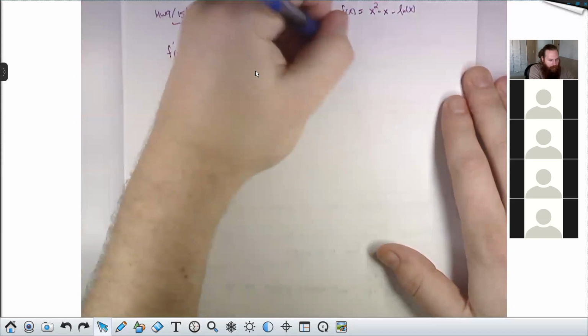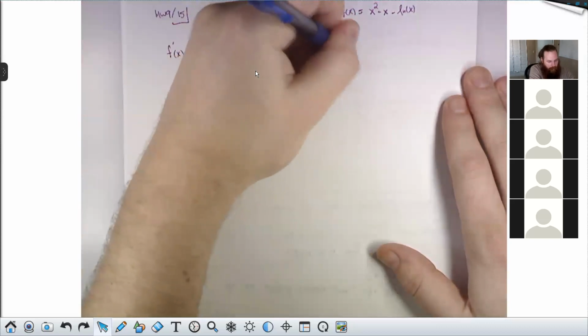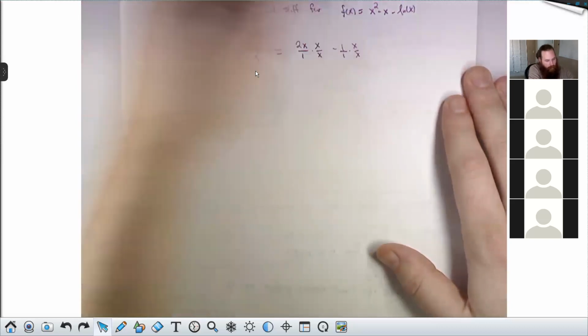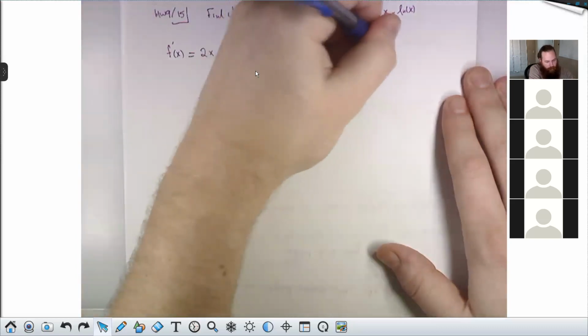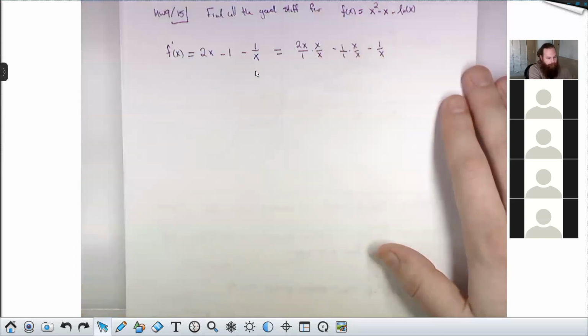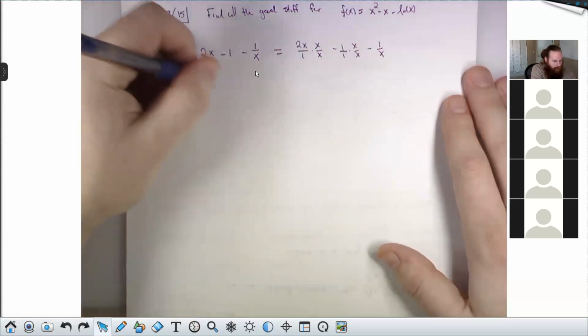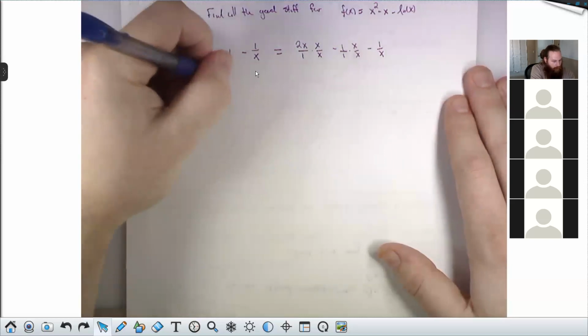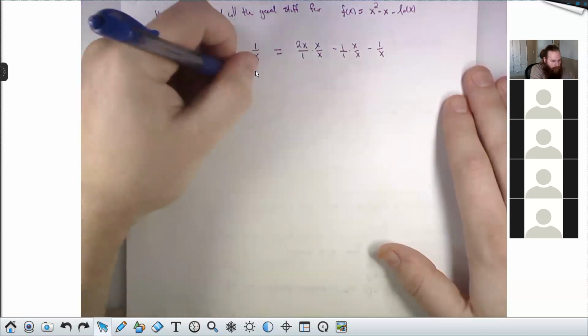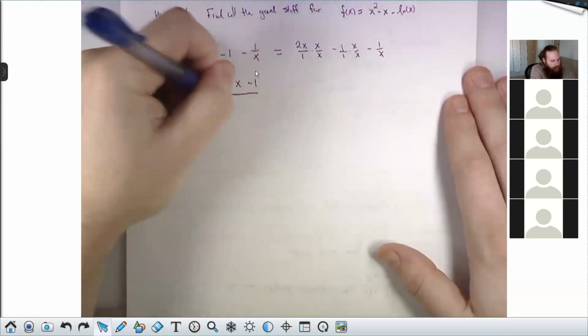And this piece already is 1 over x, so it doesn't need any work. So I find that f primed can be written as 2x squared minus x minus 1 over x.